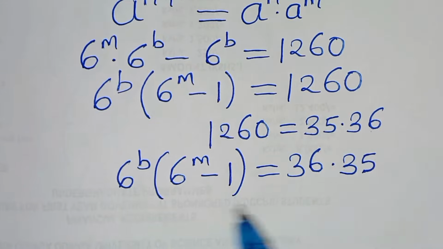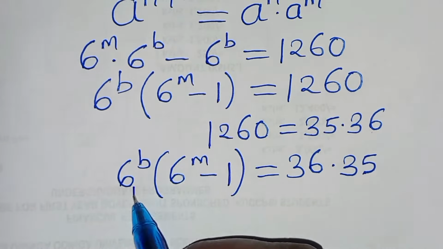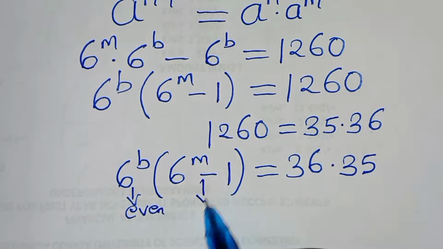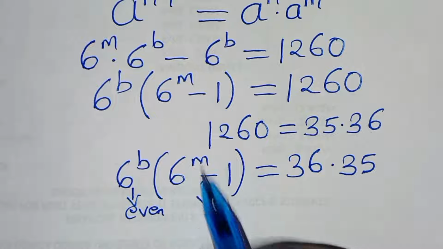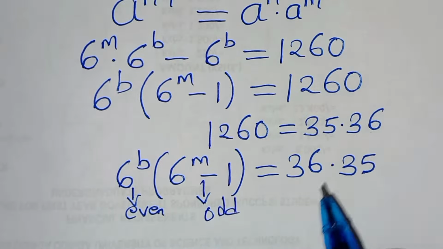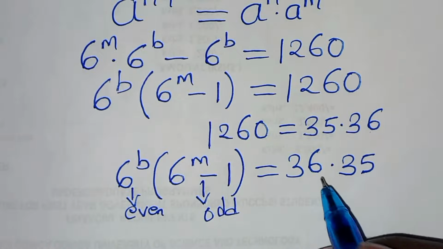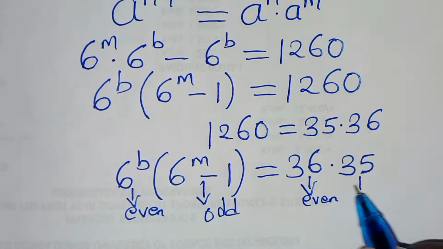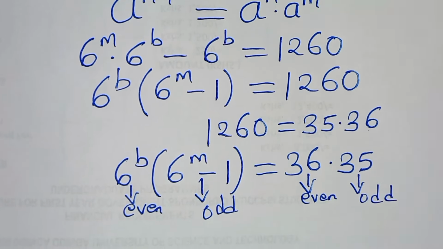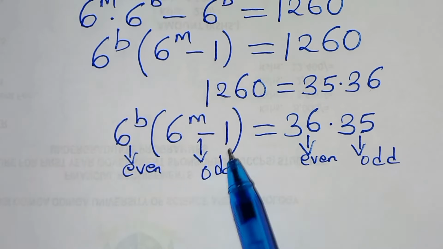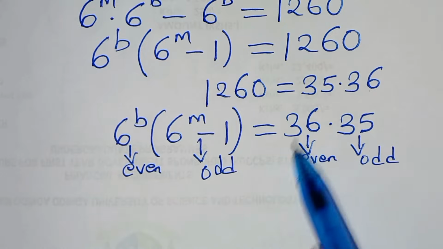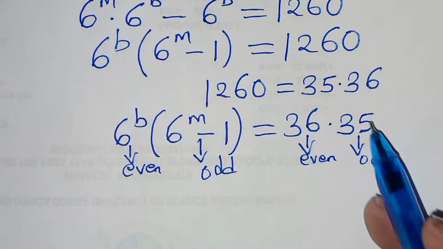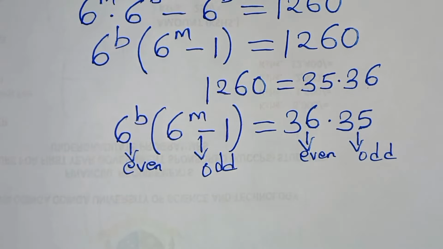So 6 to the power of b is an even number, and what we have in the parentheses is odd. On the right-hand side, 36 is even and 35 is odd. So let's compare even with even, and odd with odd.